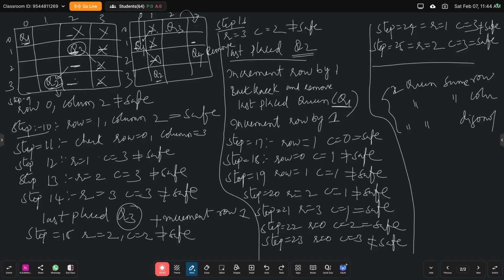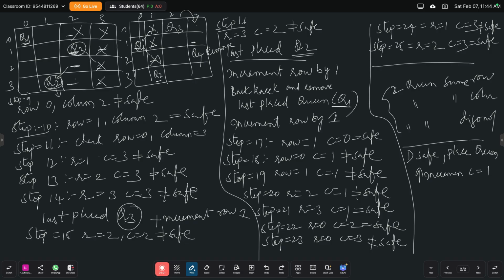Now, what are the three more rules? If the place is safe, place the queen, and after placing the queen, increment the column by 1.